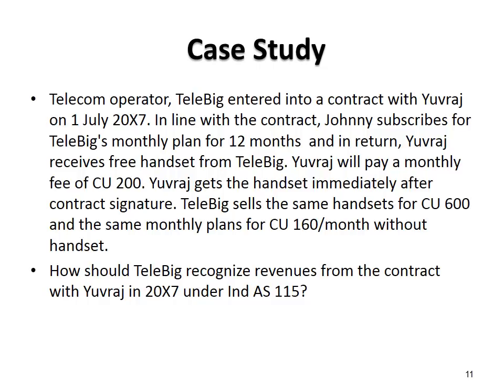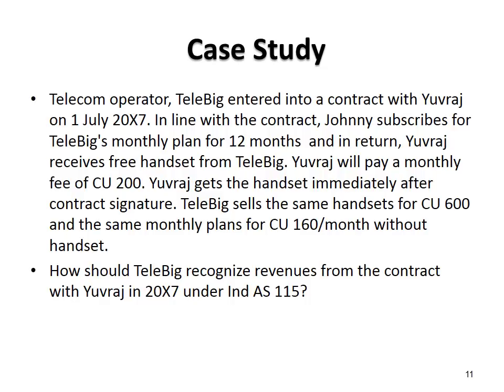One is to provide the handset and also to provide the monthly plan. Third, determine the transaction price. The transaction price is 200 per month, so 200 into 12, 2400 is the transaction price.